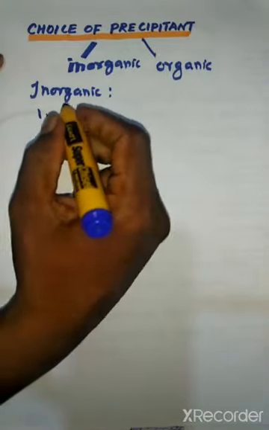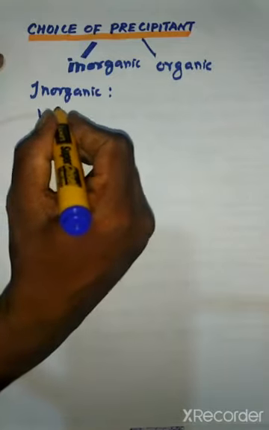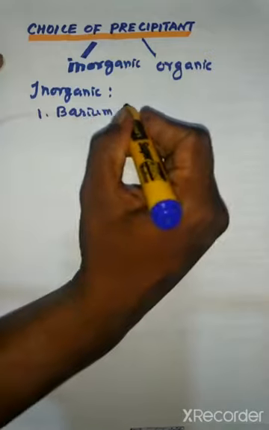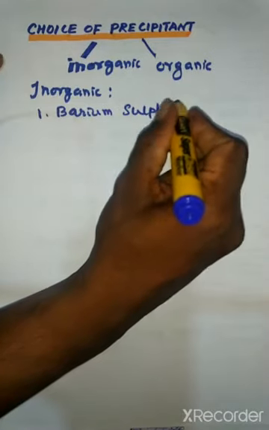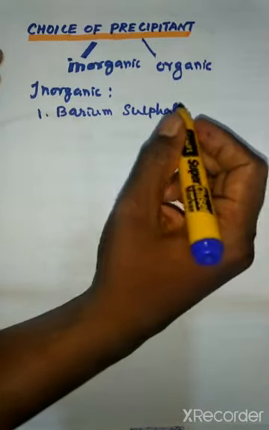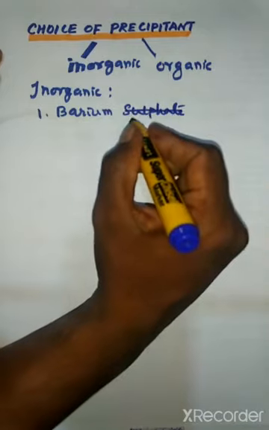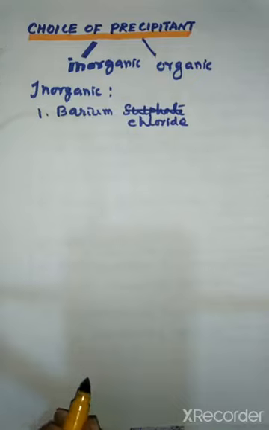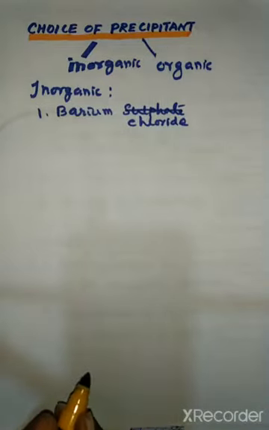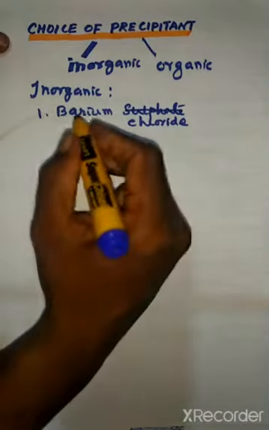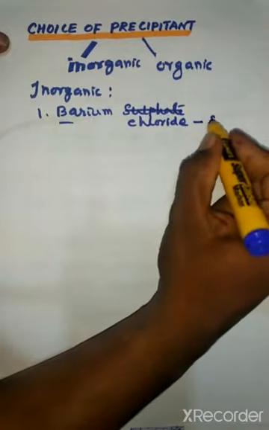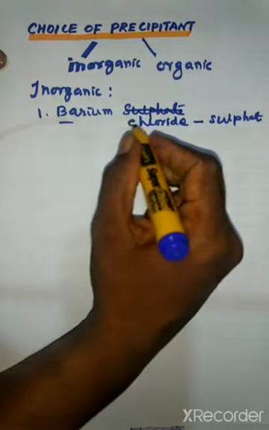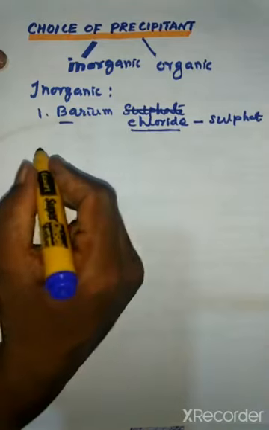During the estimation of sulfate we use barium chloride. Barium chloride is used to estimate the sulfate ion; here barium chloride is the precipitating agent.